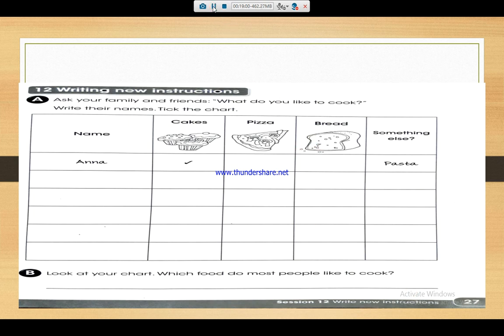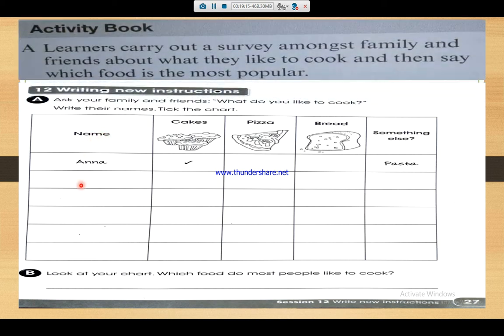On this page, we are making a survey. You need to write the name of one of your family members here, or your friends.